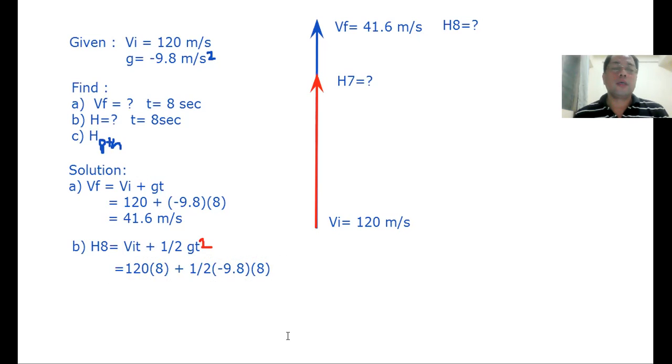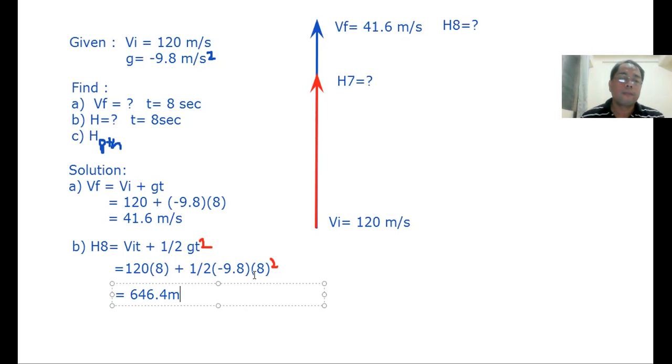This one being negative will be subtracted from our value here. Otherwise, this one will go way too high. So our height is 646.4 meters. So the blue arrow will reach up to a value of 646.